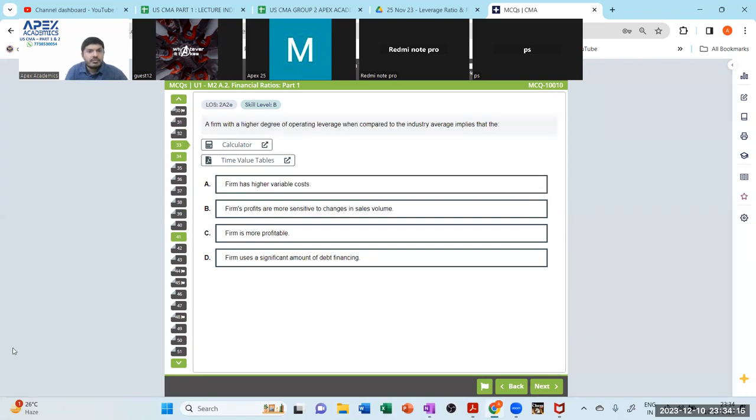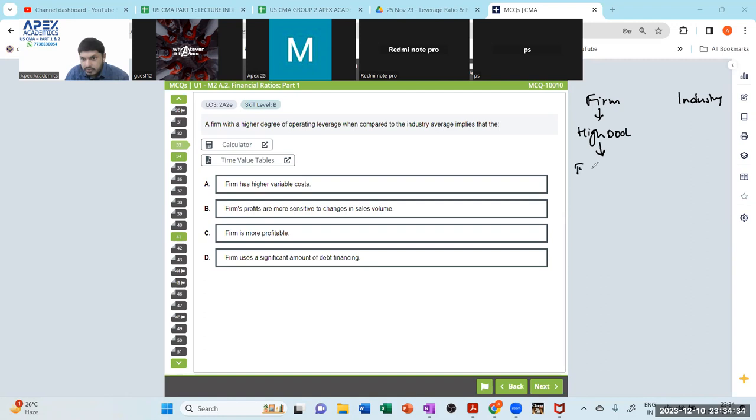33. A firm with a high degree of operating leverage when compared to industry average implies that. Understand one thing. There is a firm and there is industry. The firm has high degree of operating leverage. What is the meaning of this?